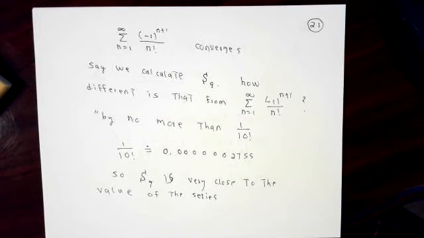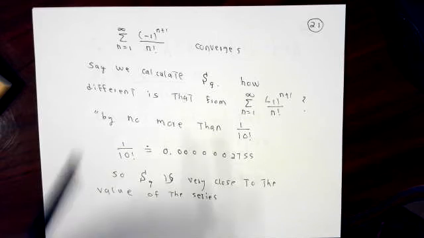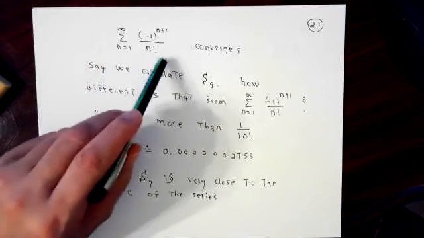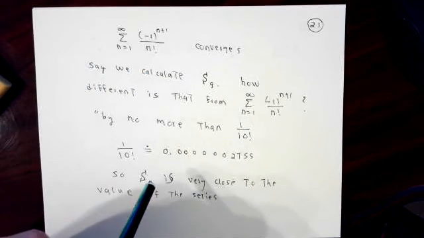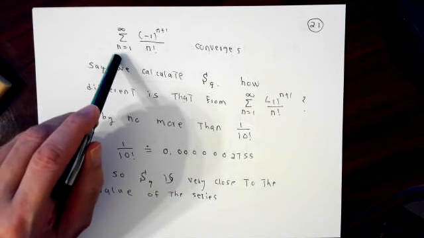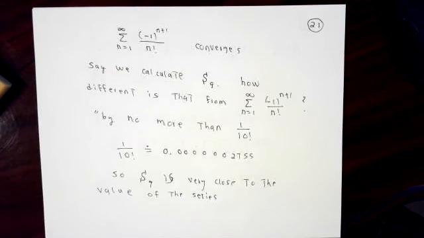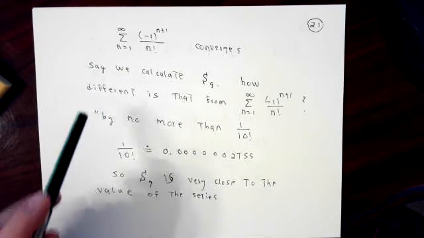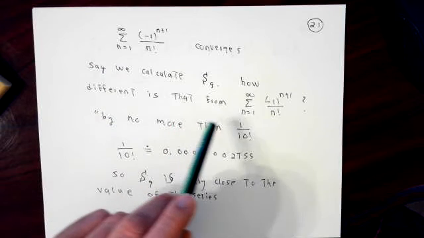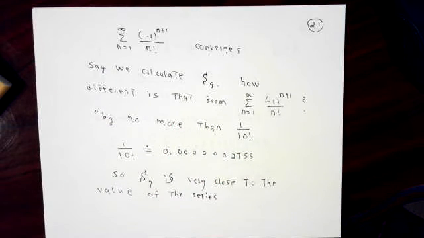Suppose I calculate S number 9, and I want to be real clear about this. That means I'm going to go out here until I've got 9 terms, which means n will go out to n equal 9. How different is that from the sum n equal 1 to infinity, -1 to the n plus 1 over n factorial?